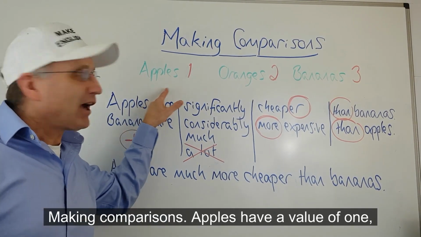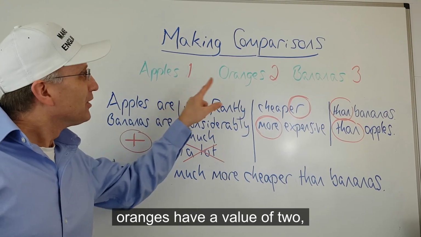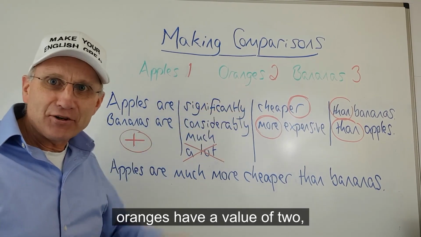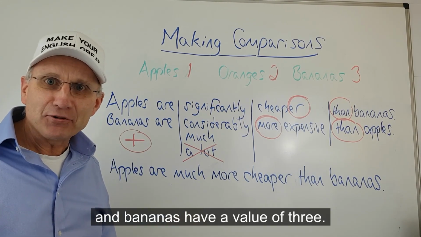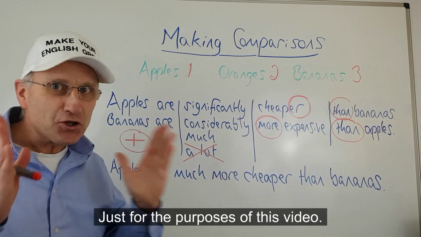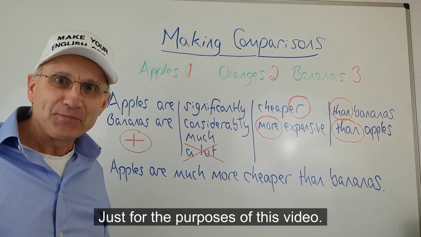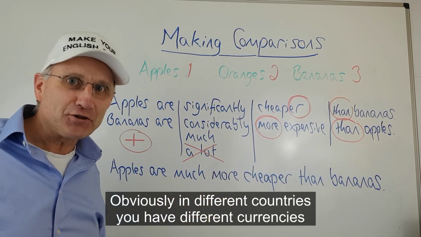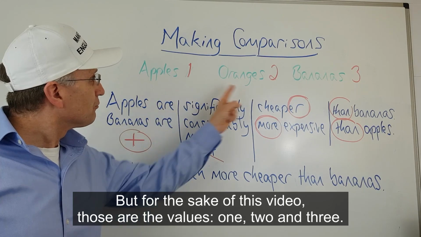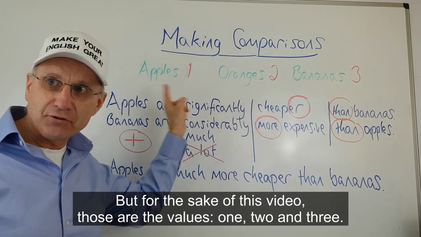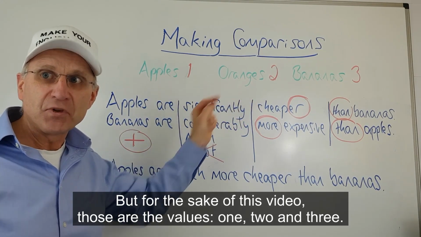Apples have a value of 1, oranges have a value of 2, and bananas have a value of 3, just for the purposes of this video. Obviously, in different countries you have different currencies and the prices are different, but for the sake of this video, those are the values, 1, 2 and 3.